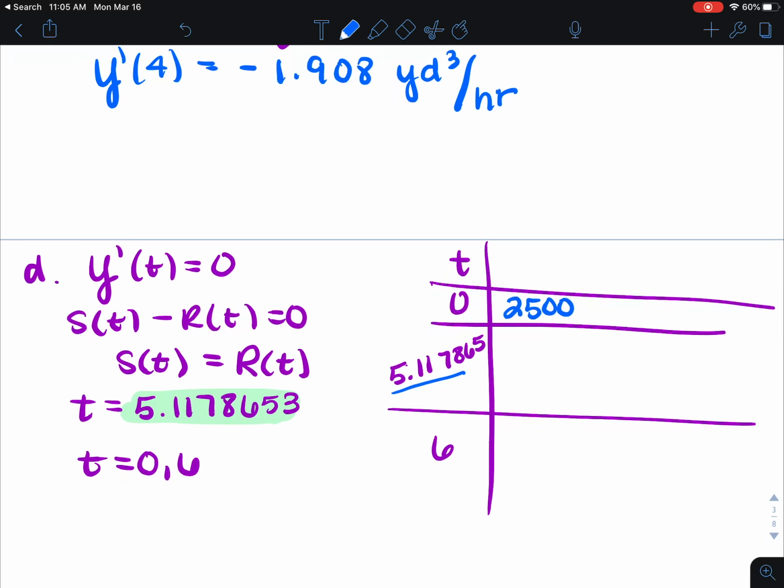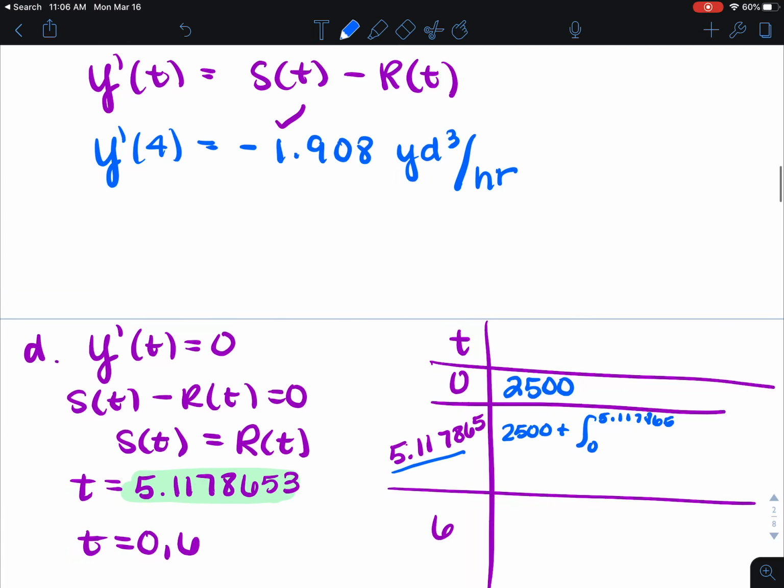So what you're going to integrate is 2,500 plus the integral from 0 to 5.117865 of s of t minus r of t dt. And that's going to result in 2492.3694.